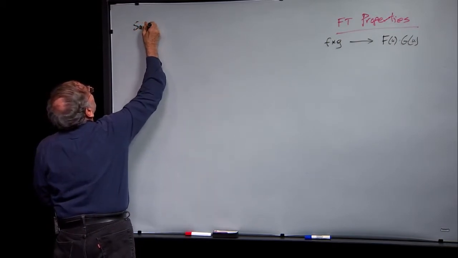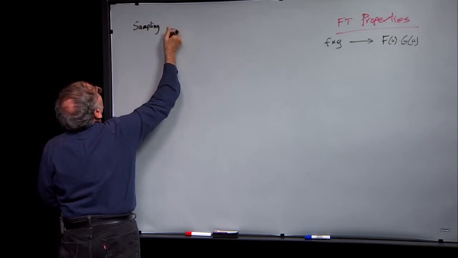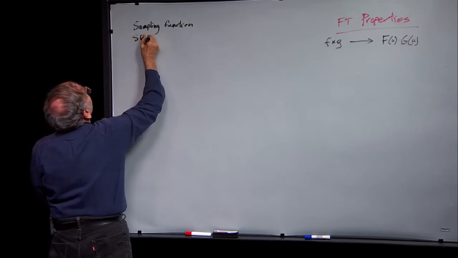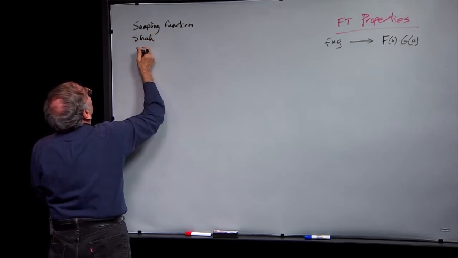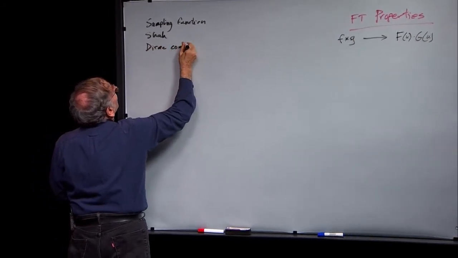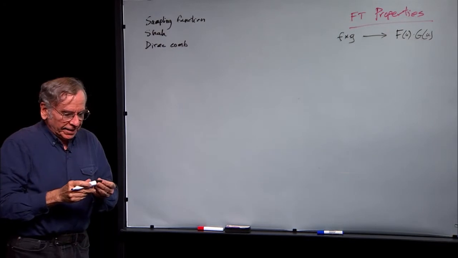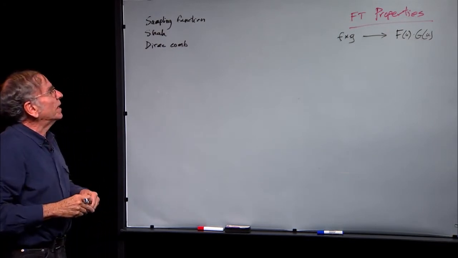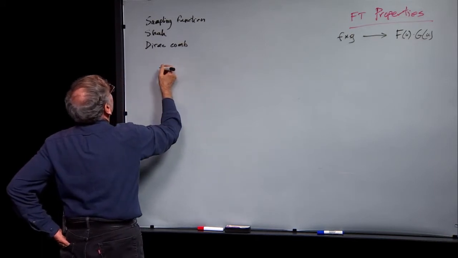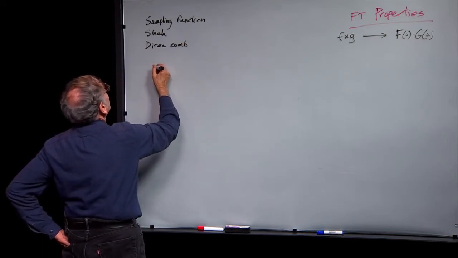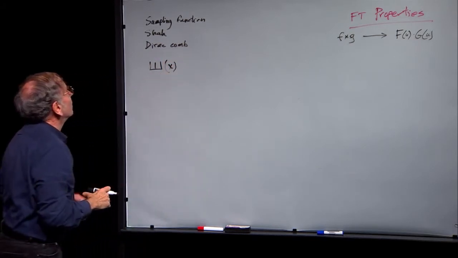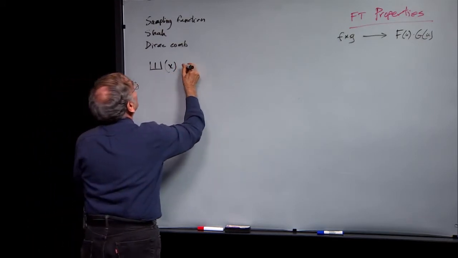The sampling function, the Shah function, or the Dirac comb function. It has fancy names because it's kind of an interesting function. I'll just show you what it is. So this thing, I'm going to call it Shah of x. Shah is the Russian letter that kind of looks like what the function looks like.